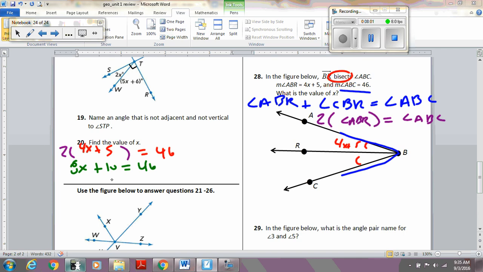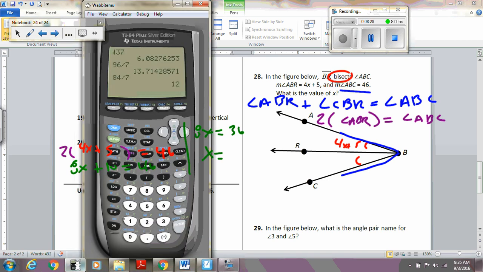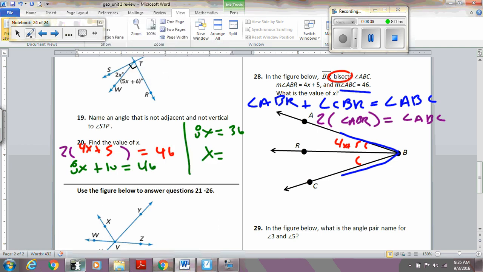Now let's continue solving for x by first subtracting 10, and you would have 8x is equal to 36. Then divide by 8, and you would have a decimal, because 8 does not go into 36 whole. It goes into 32, but not 36. So 36 divided by 8, 4.5. x is equal to 4.5.